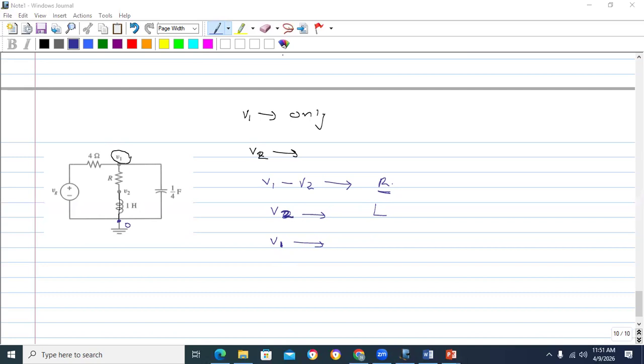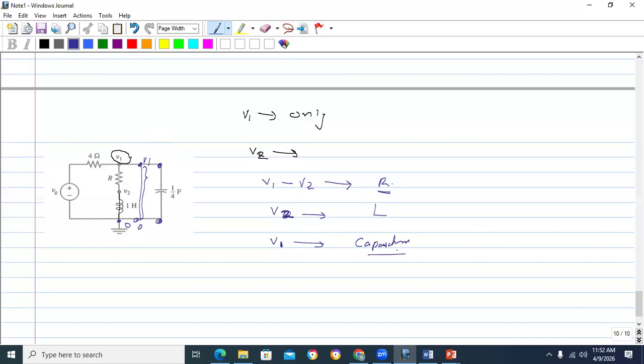You need to identify that one, otherwise you can't do this question. V1 means the voltage here, and this voltage is 0. So V1 minus 0 means the voltage difference between these two terminals, which is the voltage across the capacitor. So V1 is the voltage across the capacitor.